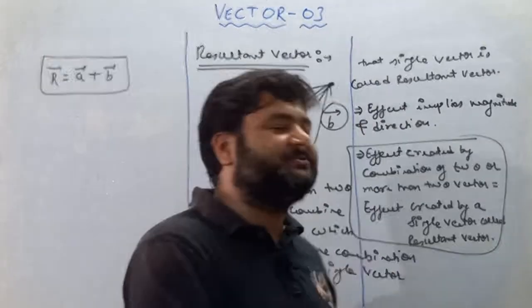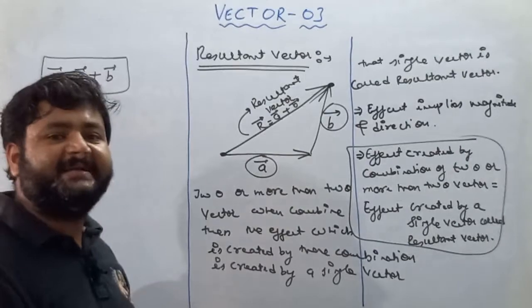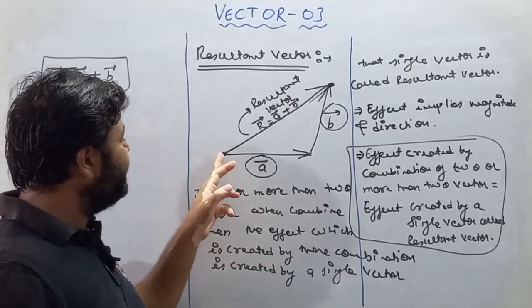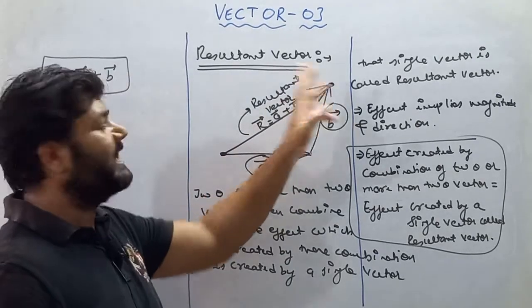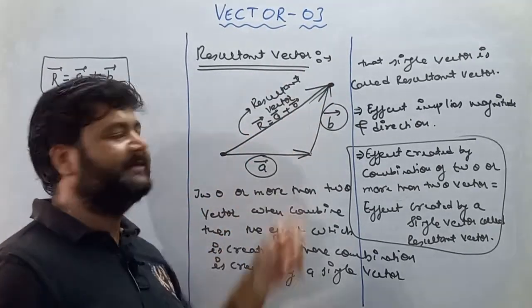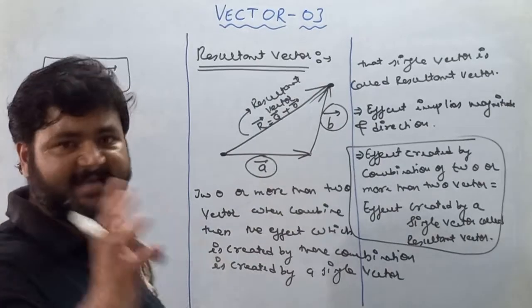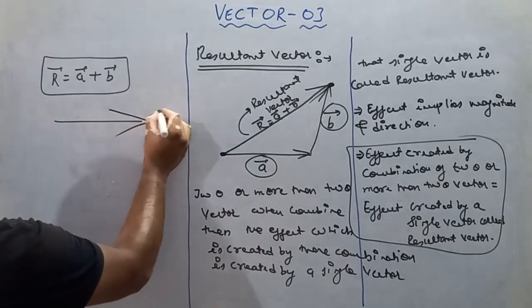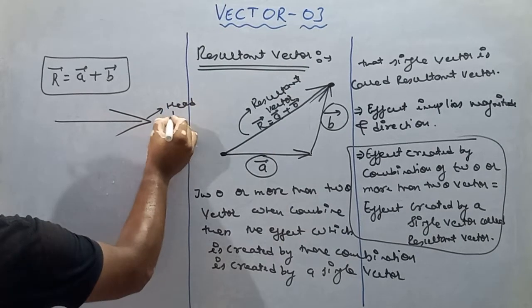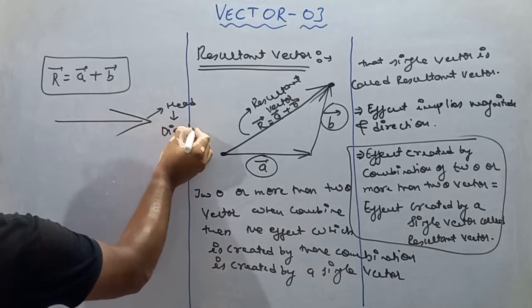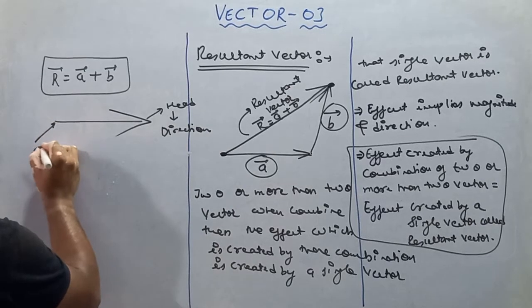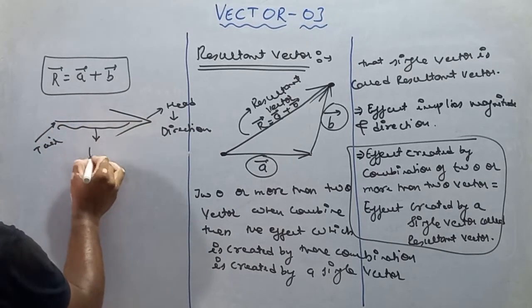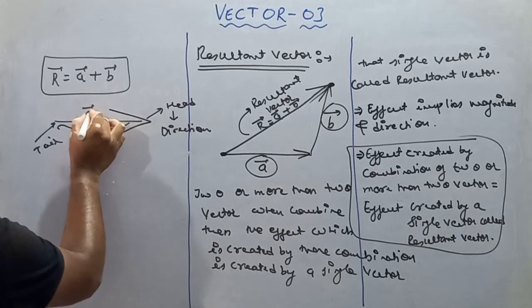And remember, dear student, how to form a resultant vector? You have to draw a line which joins the first vector's tail with the last vector's head, having magnitude as well as direction. As I already told you, the symbol of a vector is an arrow, in which this part is called the head, which gives you direction, and this part is the tail, and the length of the line gives you the magnitude of any vector.